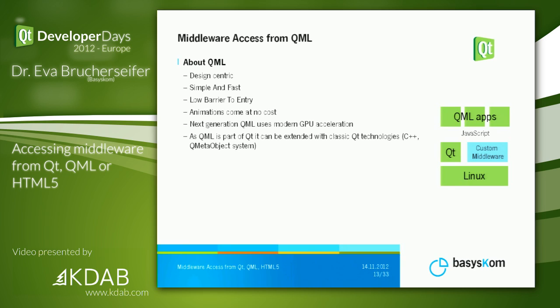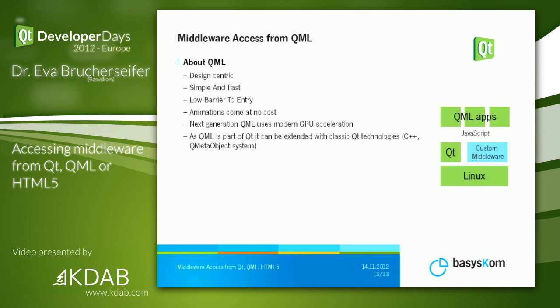You get GPU acceleration for free because the next generation, QtQuick 2.0, has a scene graph, and the scene graph is hardware accelerated, so you get the GPU acceleration at no cost.